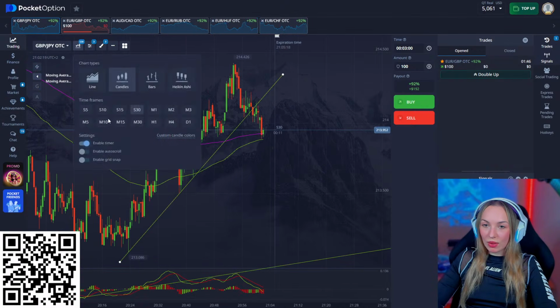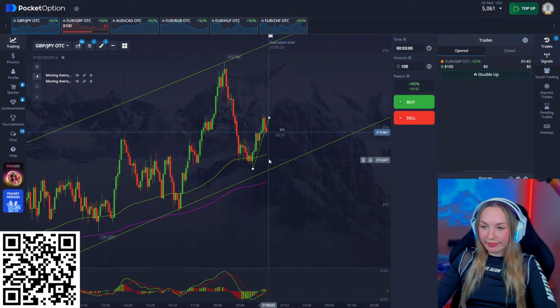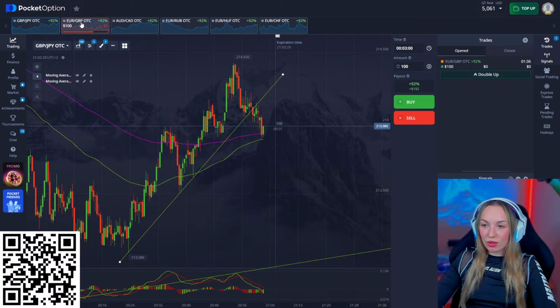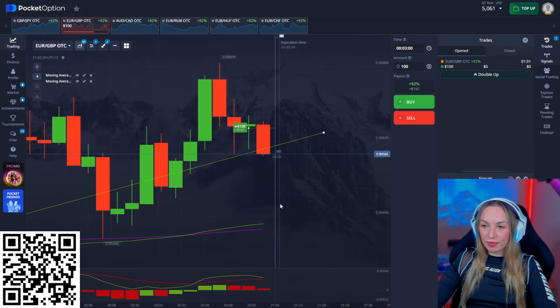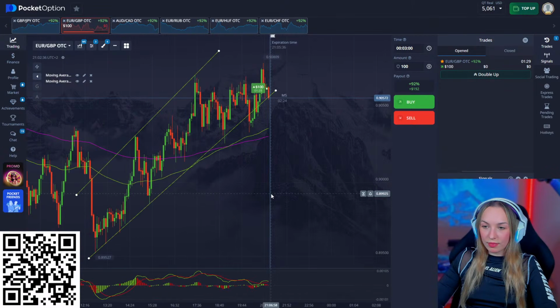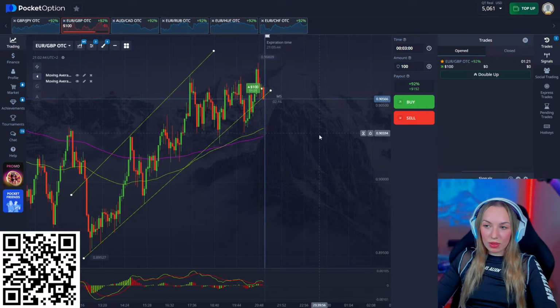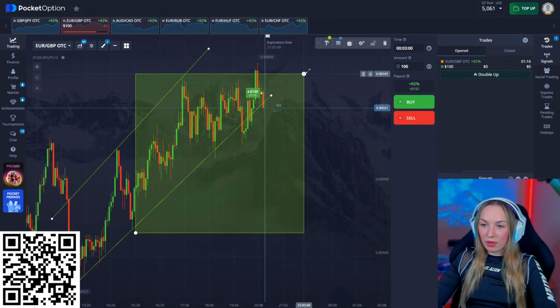And this one goes down. Well, basically halfway, and it started to go down. And on Euro GBP, we can say that it can be a trend reversal, which we didn't identify.